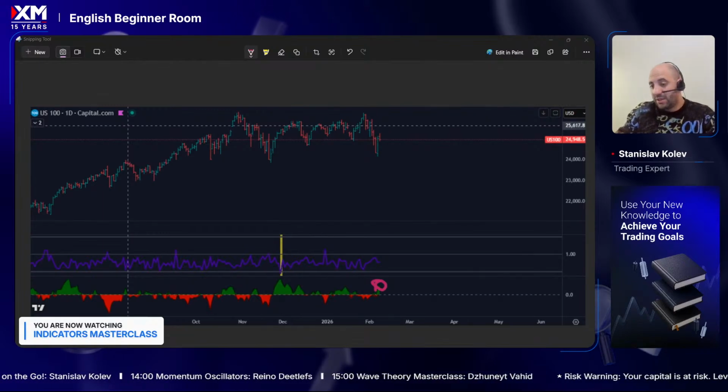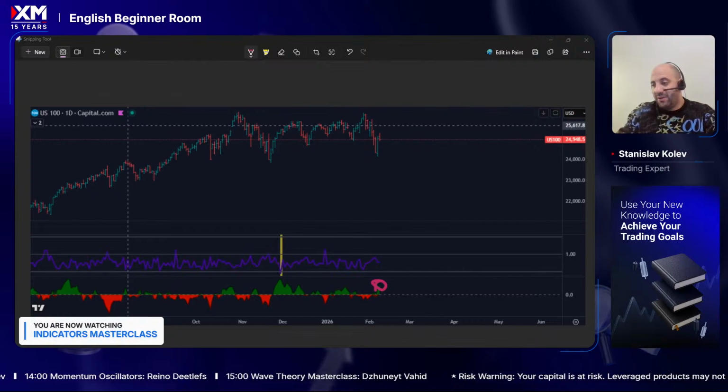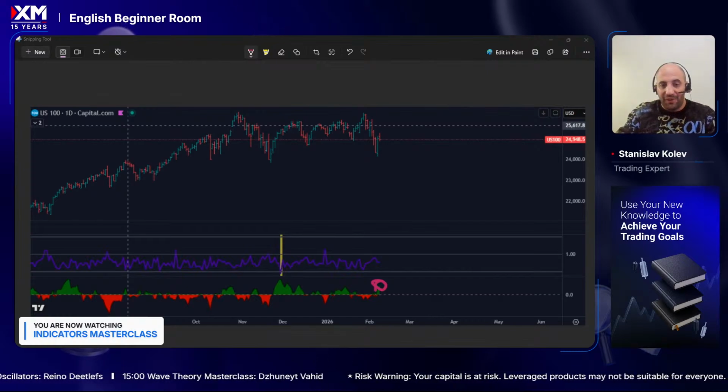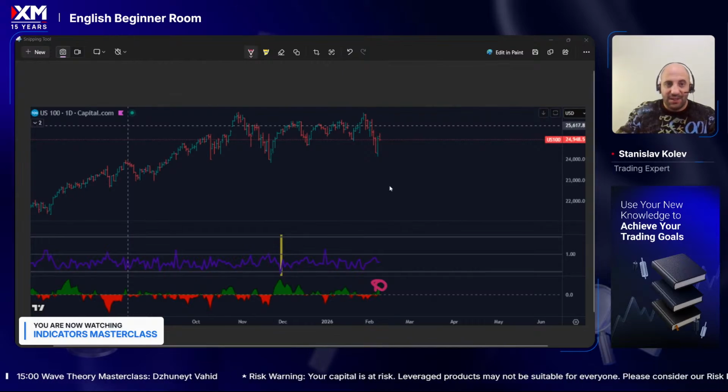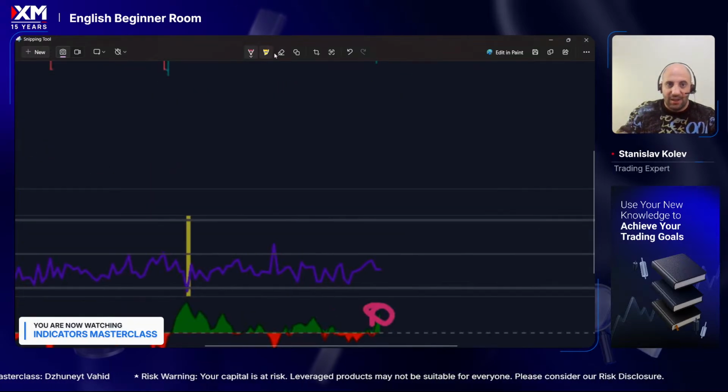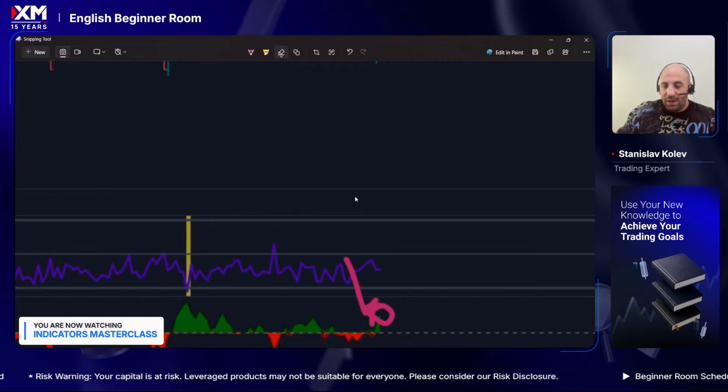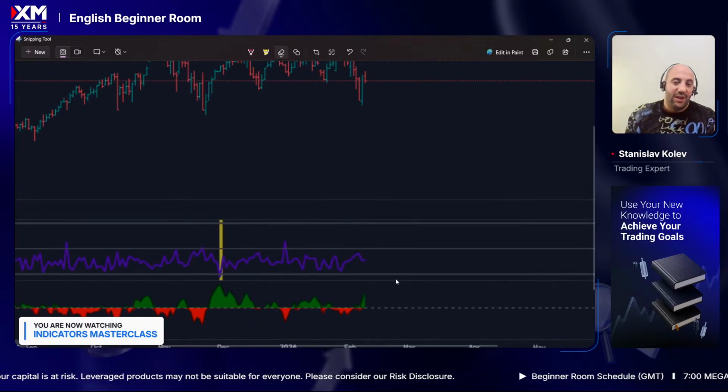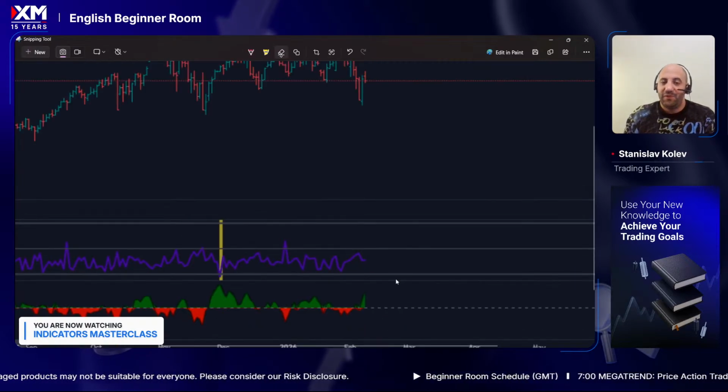I almost forgot it. The McClellan is actually showing some significant bullishness, at least recently, in that candle. So if it continues going down, we're probably going to be far from the bottom.